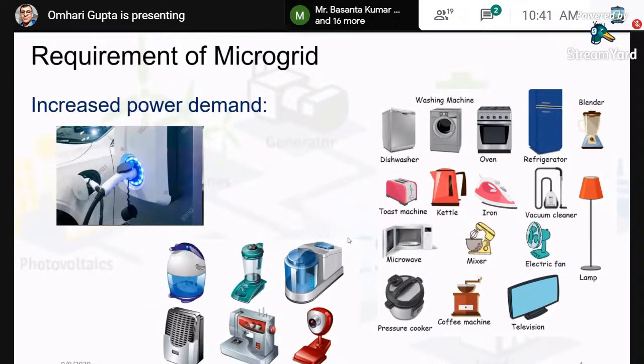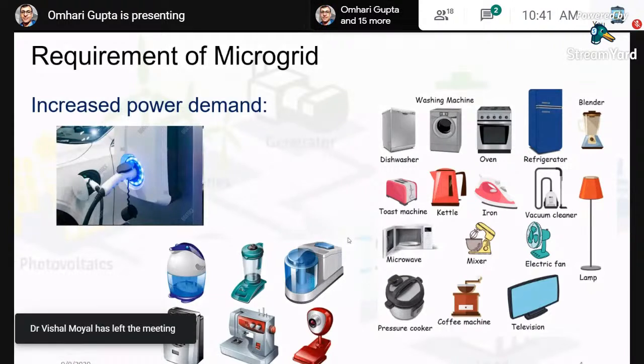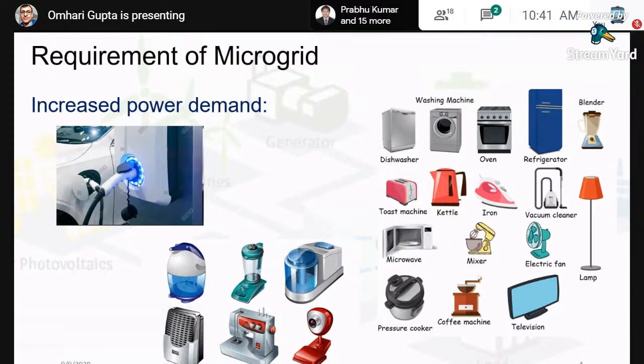Okay. Now, what is the requirement of a microgrid? Now, as you can see, there are a lot of electrical loads, and more loads we are adding to the system. Nowadays, you can see electric vehicle is also there. So it is to be charged. And from where you can charge it, obviously you will connect it to the distribution system to charge the batteries of the electric vehicle.